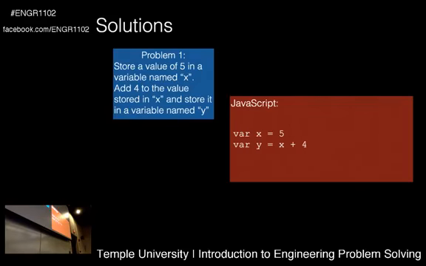That was 4. Now, if I want to see this, what do I type next? Alert y or console.log. Does anybody see the logical error in my code? There's an x there. So what's this going to actually print? What did I wish it would print? A 9.